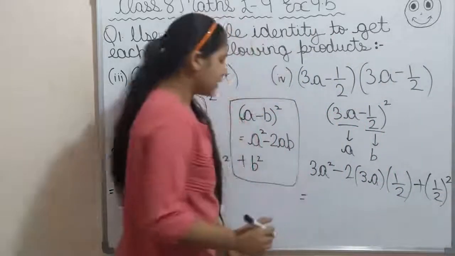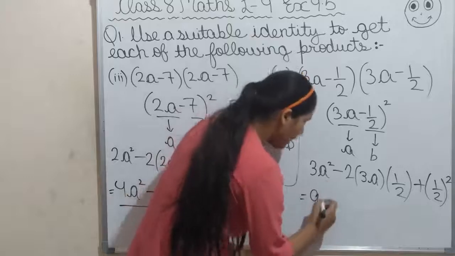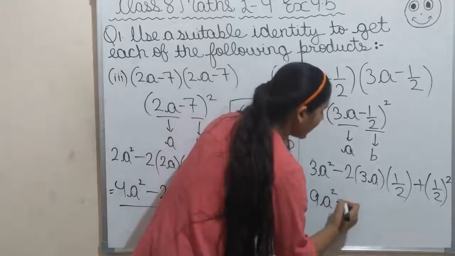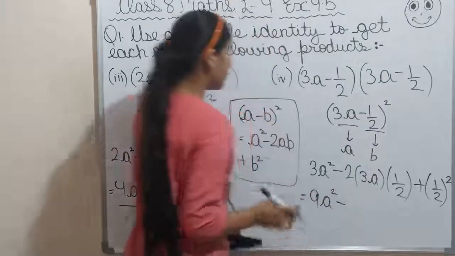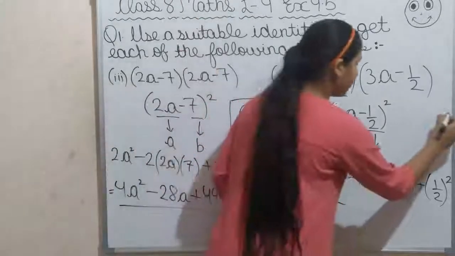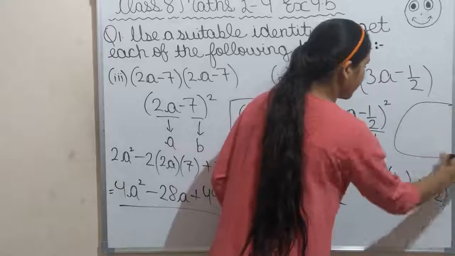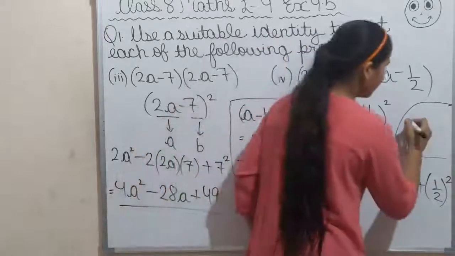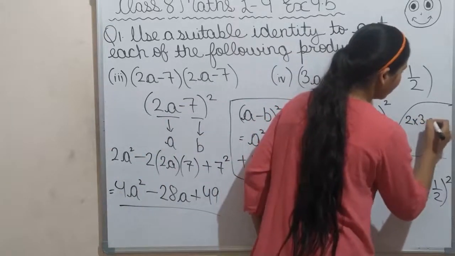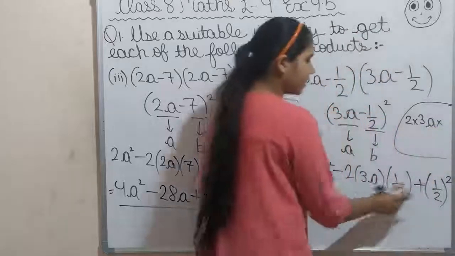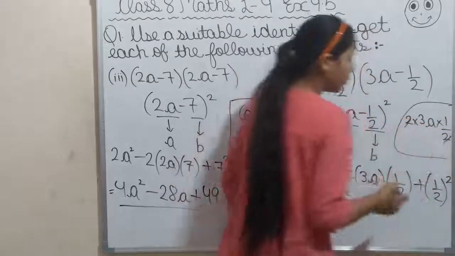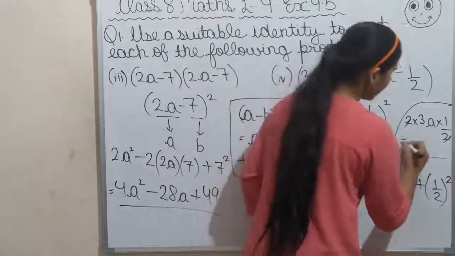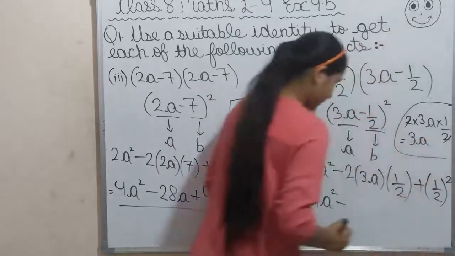So 3 into 3 is 9, a square as it is, minus 2 3's are 6, but we will do it in rough. So 2 into 3a into 1 by 2. The 2 cancels, so 3a into 1 is simply 3a.